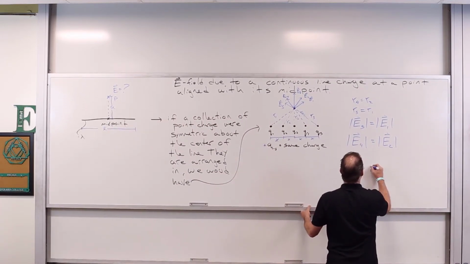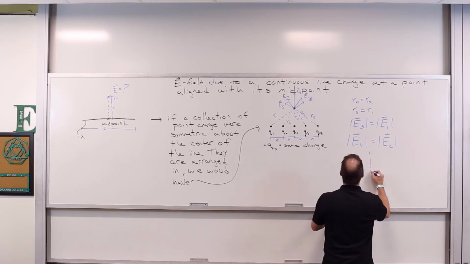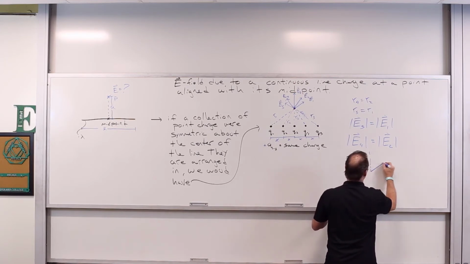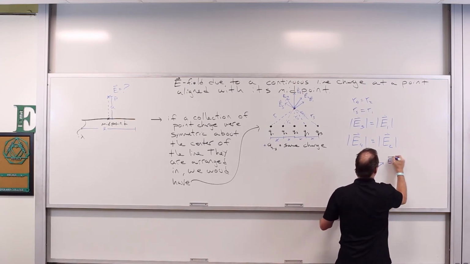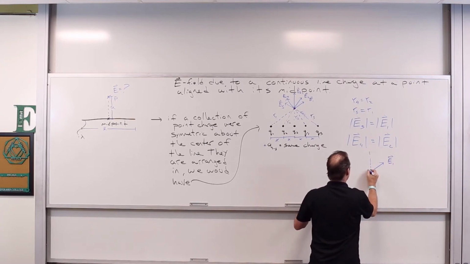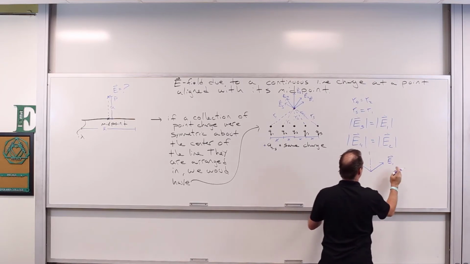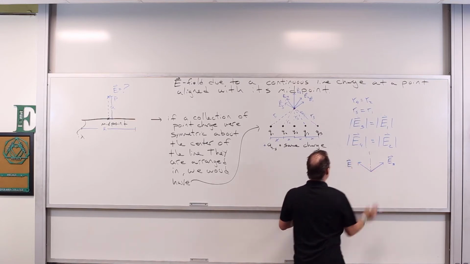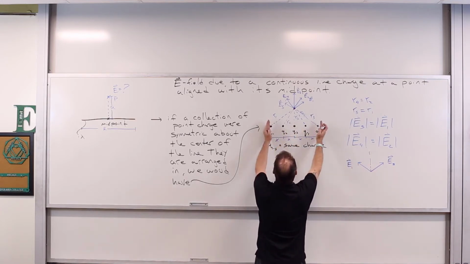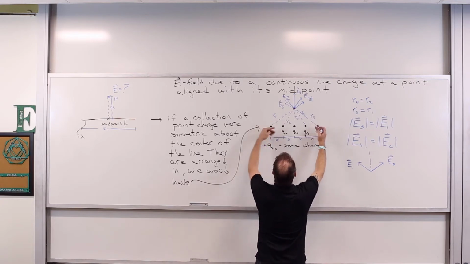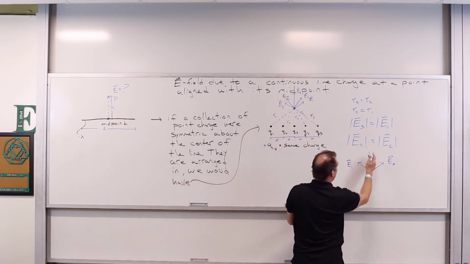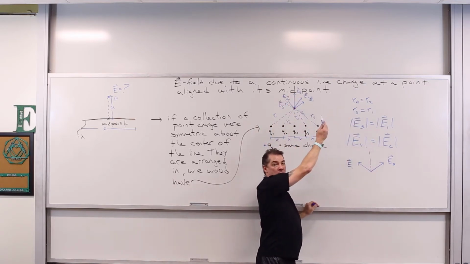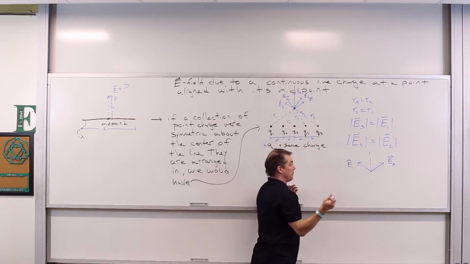Well, what do we have here? If I go ahead and draw like an axis there, I can draw in like an E1. And I can also draw in, that shouldn't be E1, that should be E5. E5, and I can also draw in E1. Because these two charges are the same distances away, the angles that they make with respect to the y direction are going to be the same.